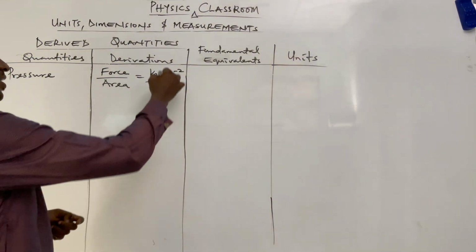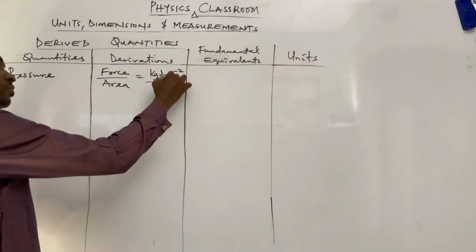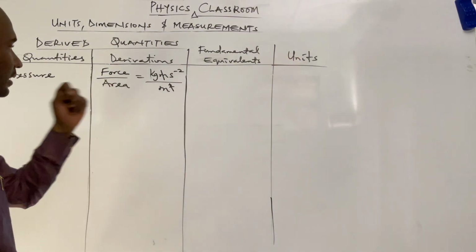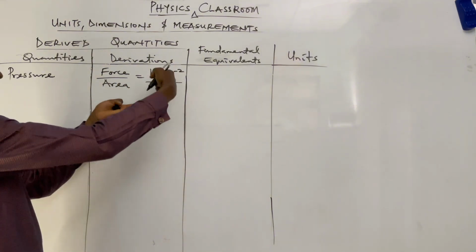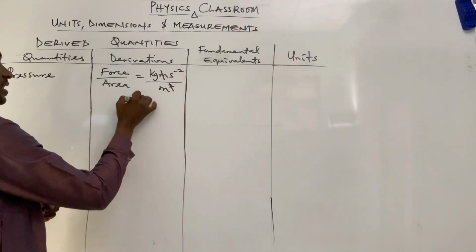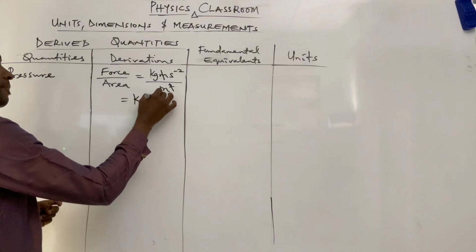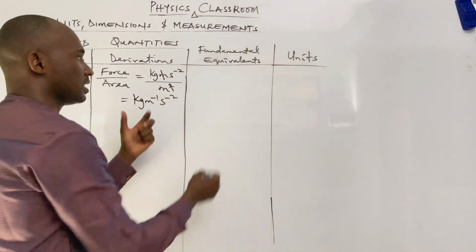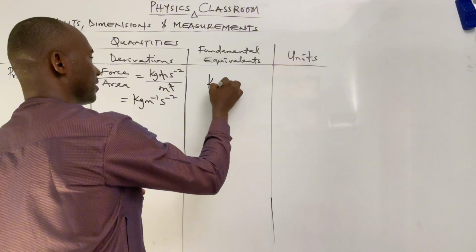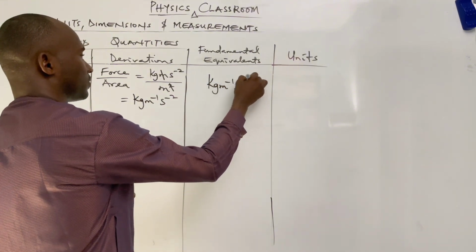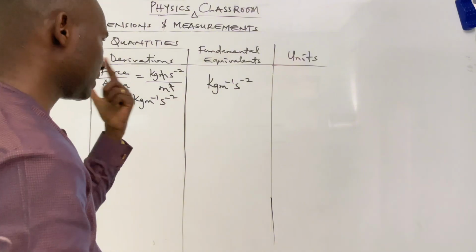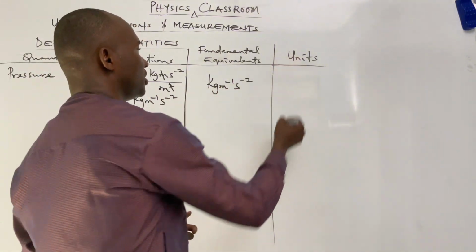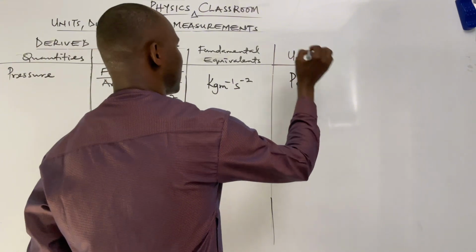So what will happen here? The meter at the numerator, we cancel one at the denominator. If you want to express this further, you can have it as kilogram per meter per second squared. All these are the fundamental equivalents. Then universally, the unit for this is Pascal.